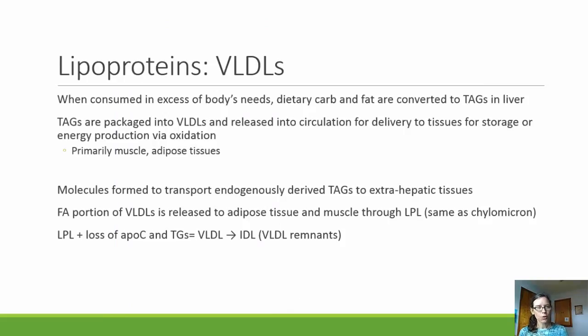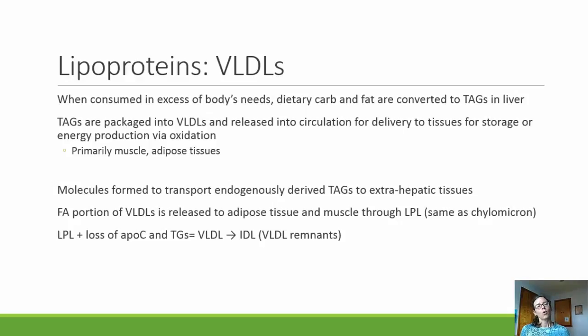Okay, so let's move on to our next lipoprotein. We talked about chylomicrons, which were from the exogenous pathway. Now let's talk about the lipoproteins in our endogenous pathway. Let's start with VLDLs, very low density lipoproteins. The first thing we should know is that when we consume more fat than we need, or even excess dietary carbohydrate, which can be converted to fat, those fats are going to be converted to triacylglycerides in the liver.